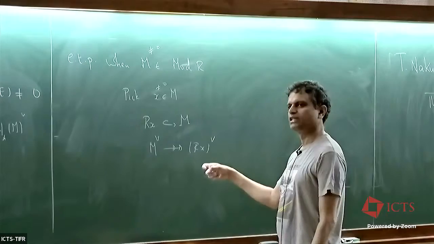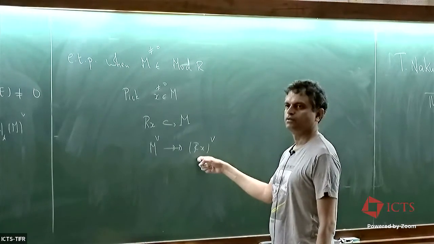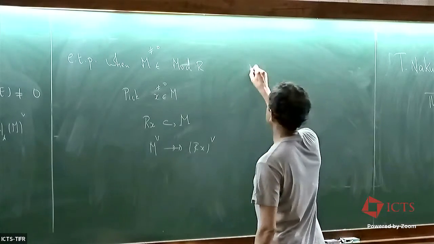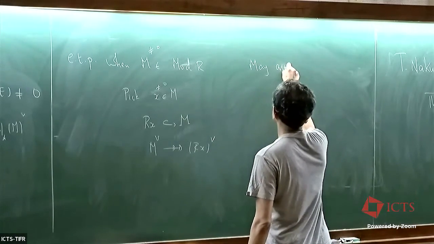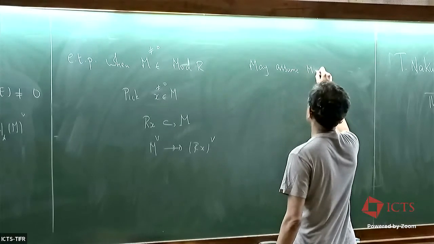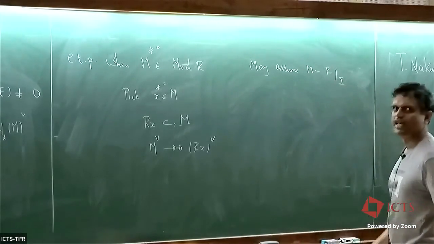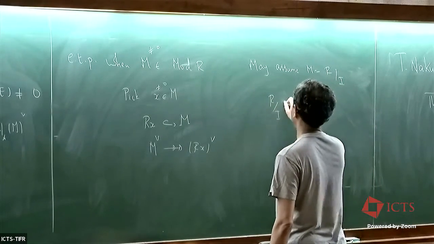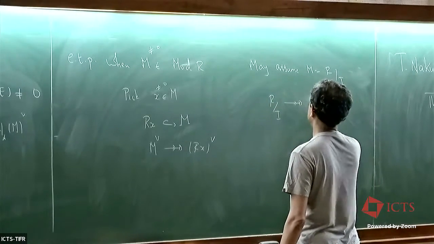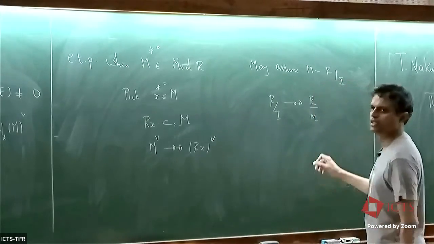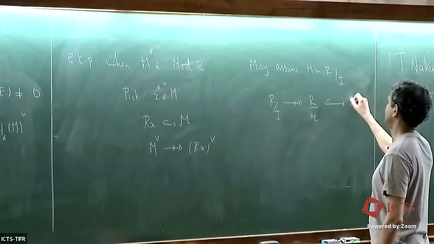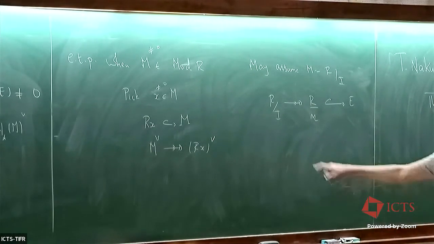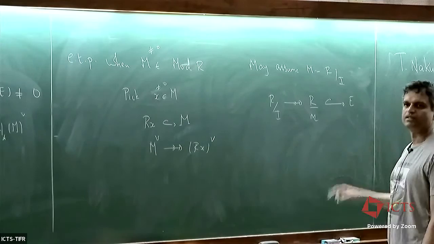So it's enough to prove that this is non-zero, correct? But now you reduced it to the cyclic case. So we may assume M is R/I. And now you can construct a map from here to k, because after all, you can map it to R/m, and that embeds in k in the injective hull. So that gives you a non-zero map from here to E, and that does it.